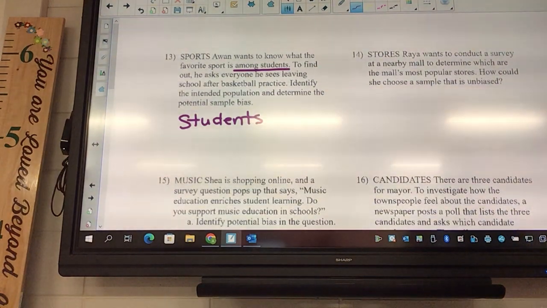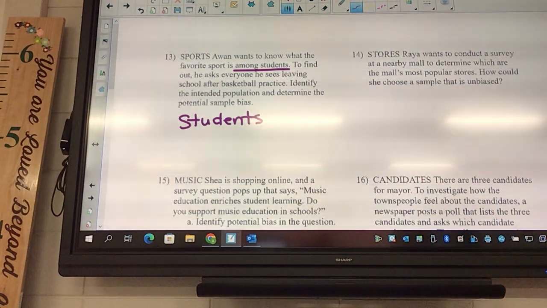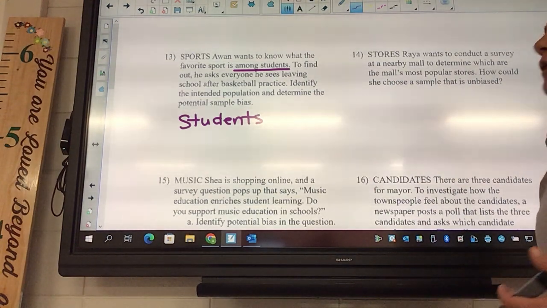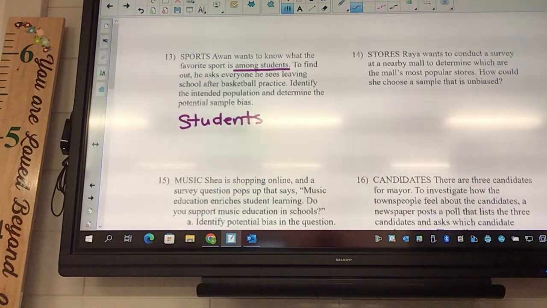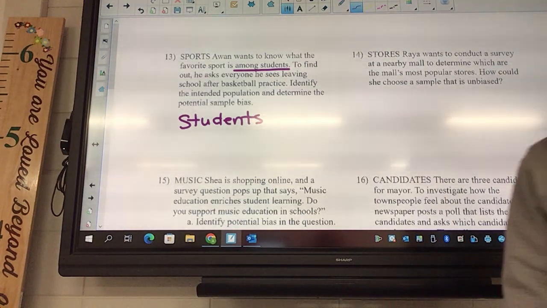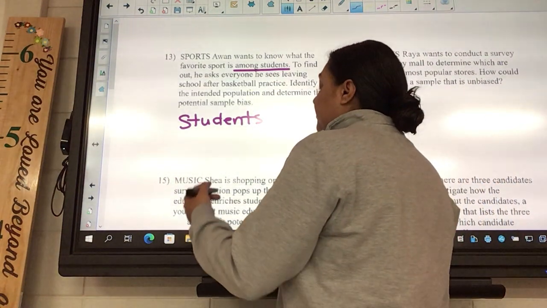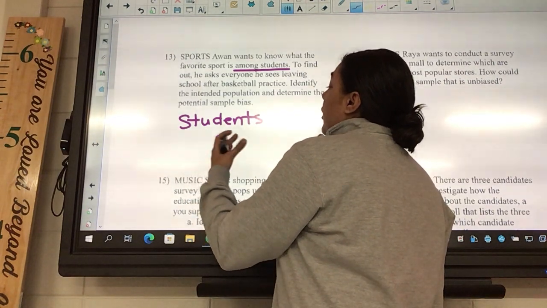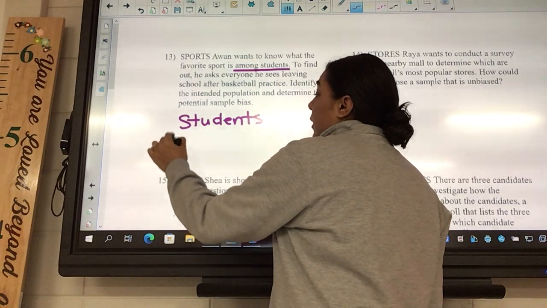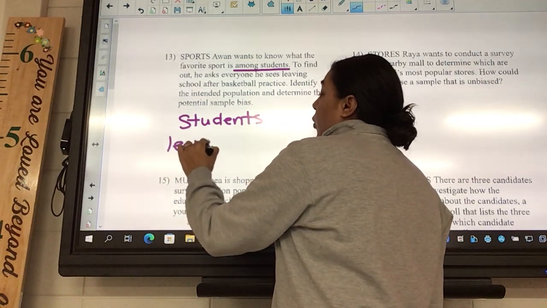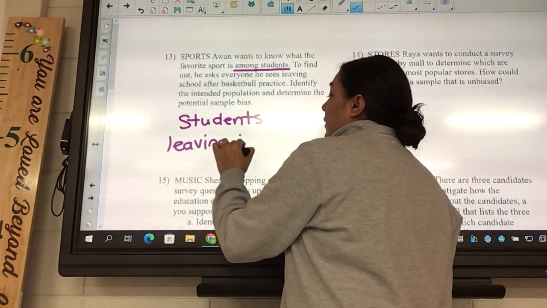Okay, what is the potential sample bias? What's wrong with this one? He's asking at a specific sport. Yes, okay, so he's asking, as kids leave basketball practice, what do you think their favorite sport is? Basketball, probably. Somewhere on here you say, he's asking as students leave basketball practice. Where could he ask instead?